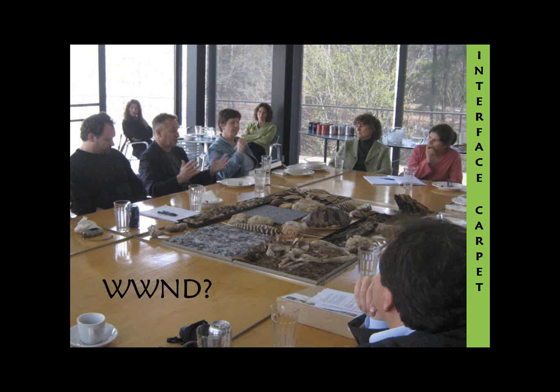Initially, when Interface Carpet Company adopted their Mission Zero goal, David Oakley was told to design sustainable carpet. In order to return to wool carpet, all agricultural land in the world would need to be converted to sheep raising to generate enough wool for that industry.